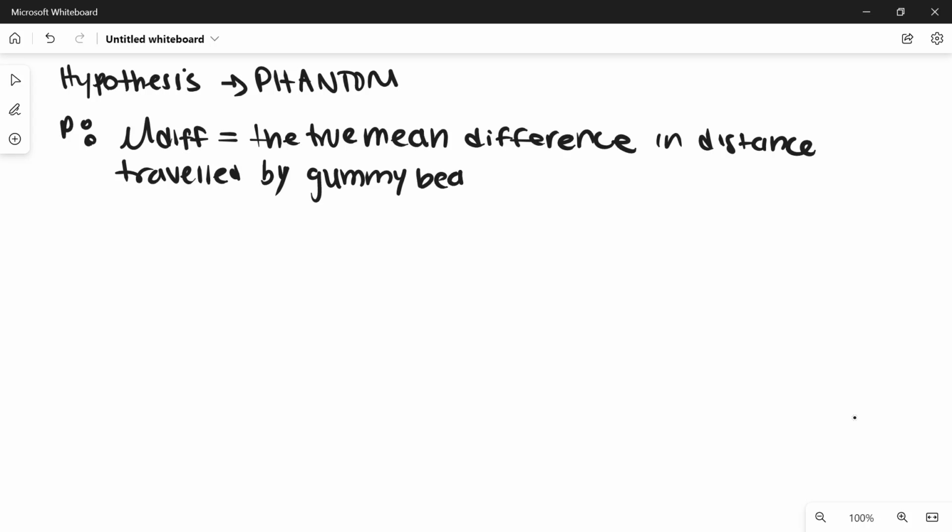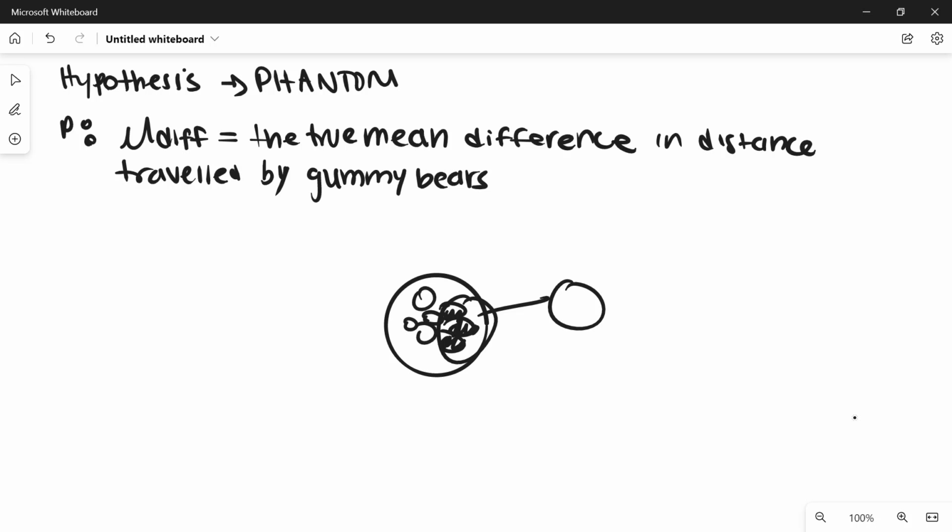So the idea of the test is that you have a population, but it's unrealistic for us to get every single subject in that population. Because of that, we only take a sample of that population. With that sample, we can use statistics to estimate the true parameters from the population.